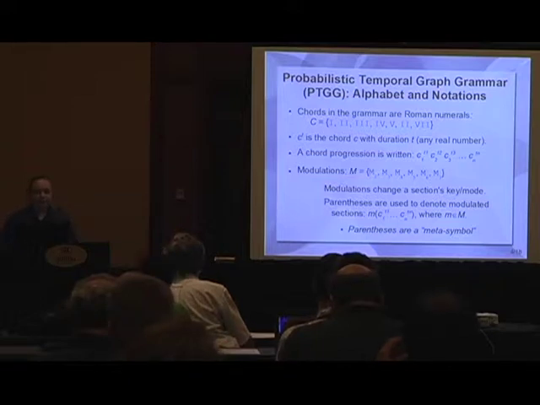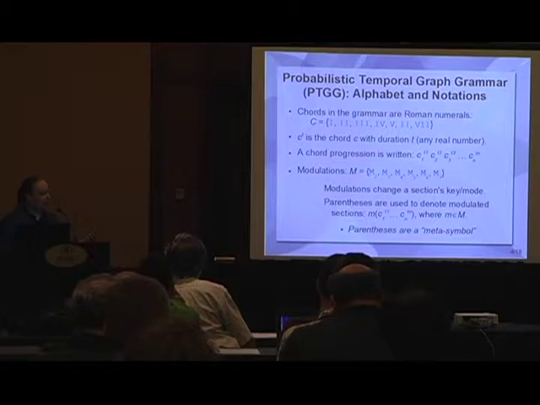We also have modulation symbols, and for the non-musically inclined, these will change the key for the Roman numerals. So if I'm in the key of C right now, and I see a 1 chord, I can play this.